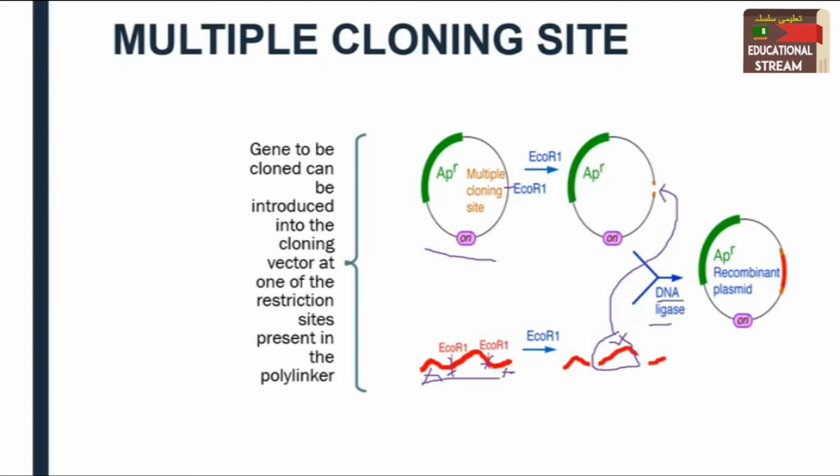Ligase enzyme will join this fragment into this space, and in this way we get the recombinant plasmid which contains our gene of interest at this position, where we made a cut, and all the other properties of the plasmid are intact.